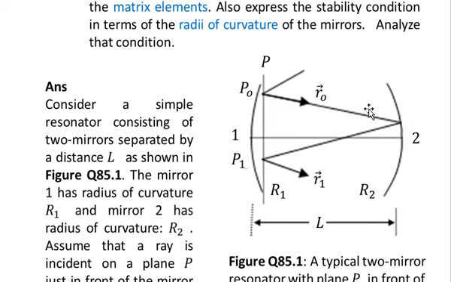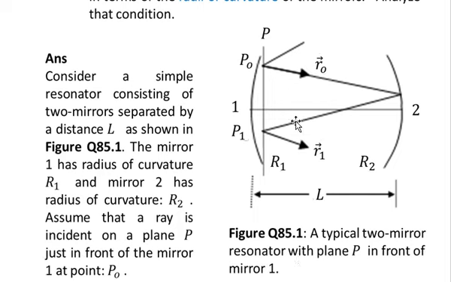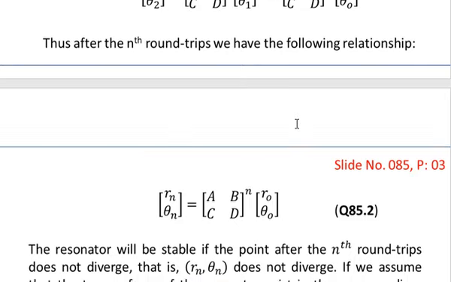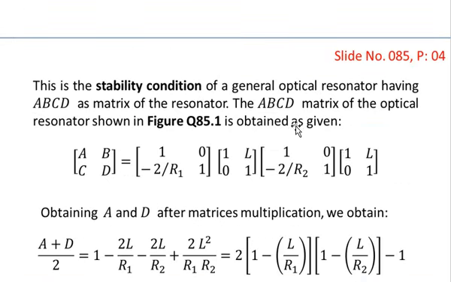So it will travel a free space propagation from P0 to a point on the mirror M2, a distance capital L in free space, and here we are assuming a refractive index equal to air. So the first element is written on the rightmost side of the matrix, that is 1, L, 0 and 1. This represents a free space propagation from the point P0 to a point on the mirror M2.